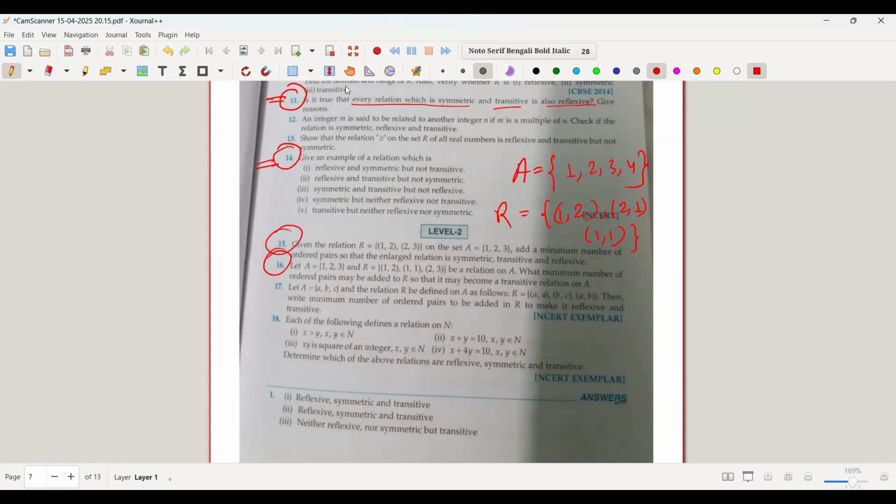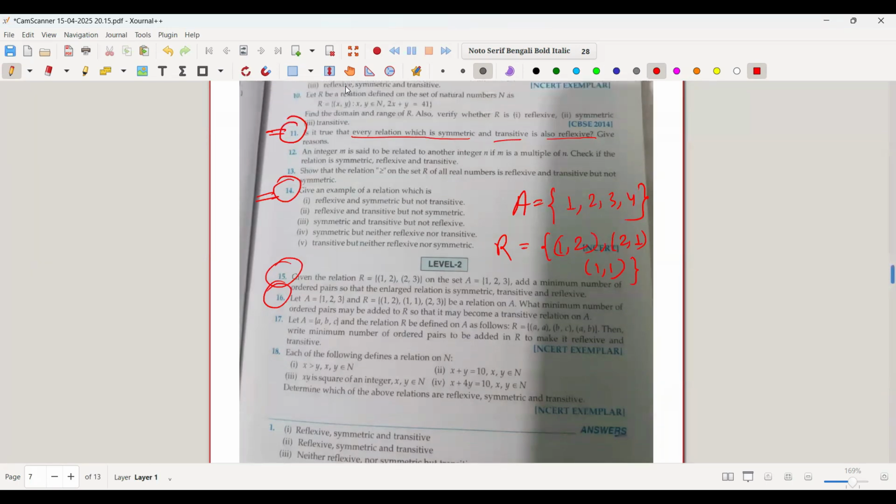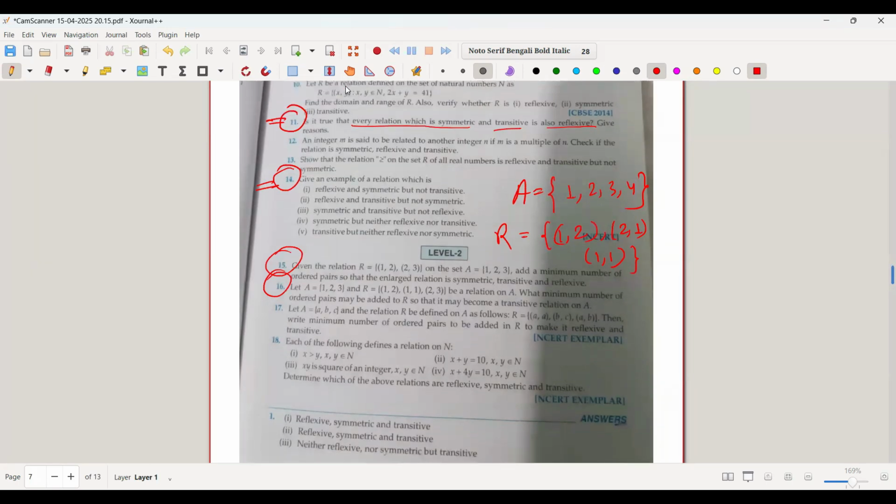Question number 17 is from NCERT exemplar. Question number 17. Let A equal to {a, b, c} and the relation R is defined on A as follows: {(a, a), (b, c), (a, b)}.